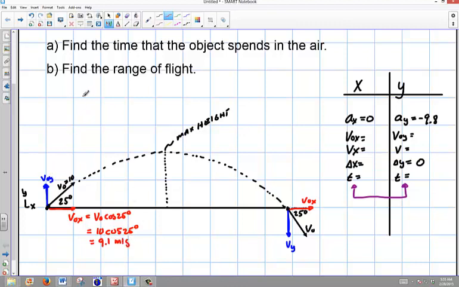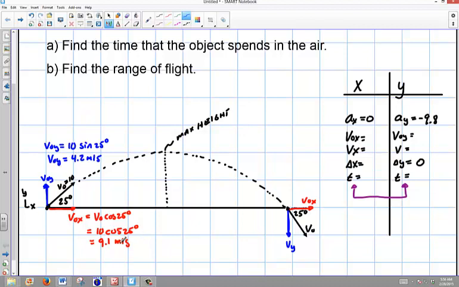The next thing I have to do up here is find my v initial y. So my v initial y, which I'll rewrite up here just because we don't have enough space, is going to be 10 times the sine of 25. And that v initial y is going to be about 4.2 meters per second.